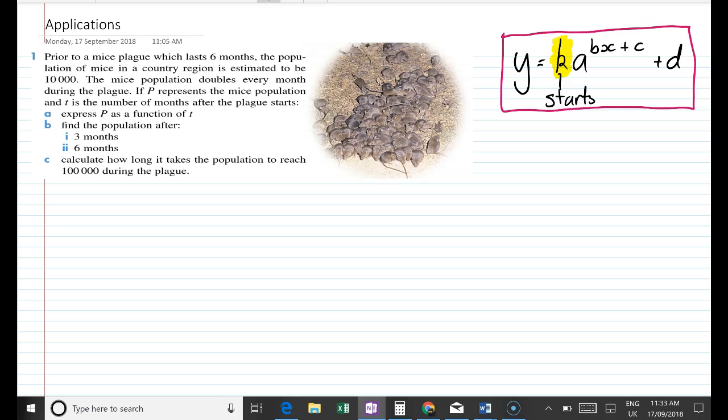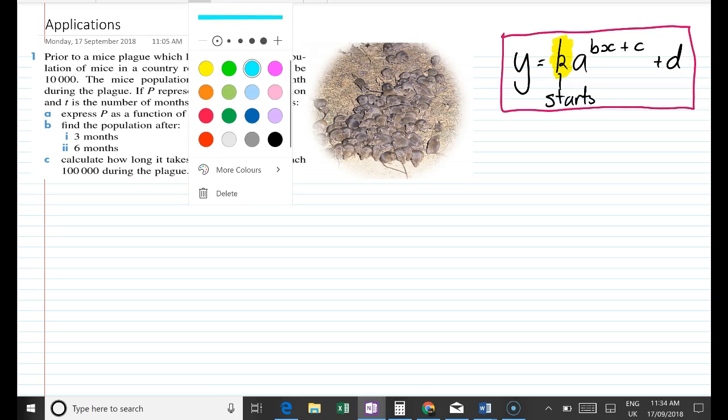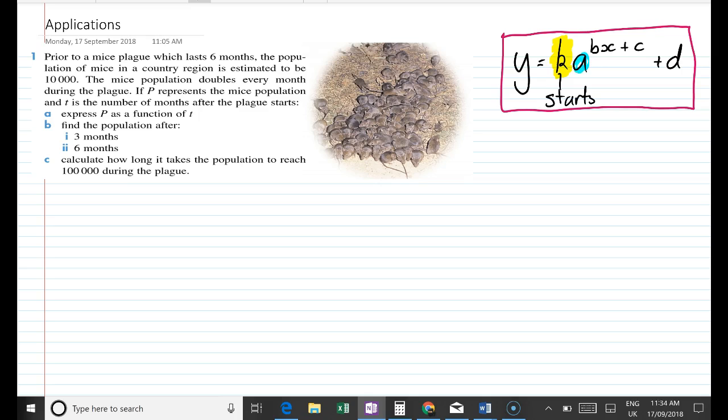A is the term for how much it changes with each step. So each step it might triple, it might be times by 5, it might be times by 1.5, it might be times by 1.7, but A is how much it changes each turn.